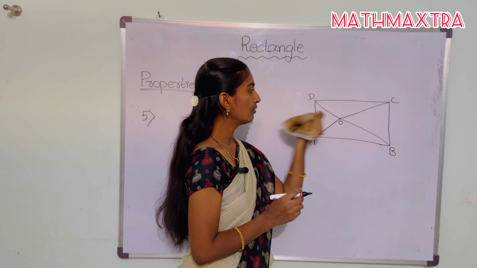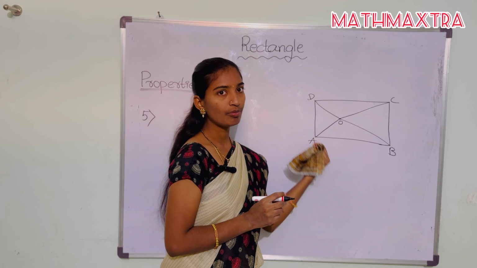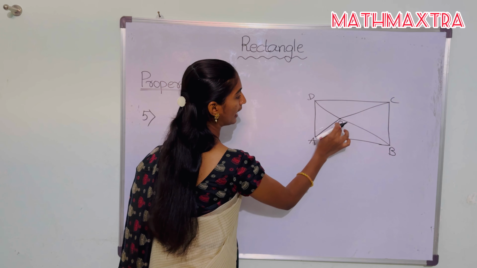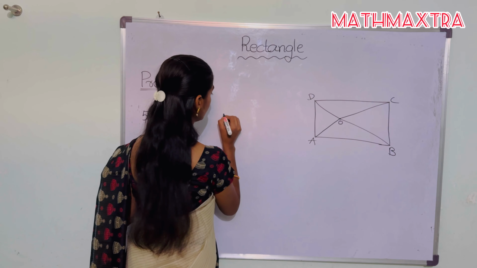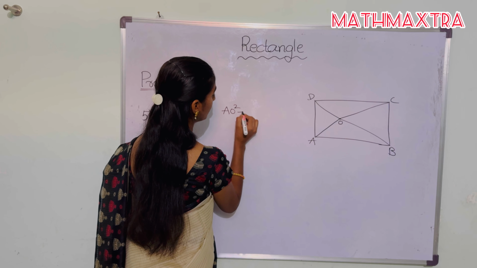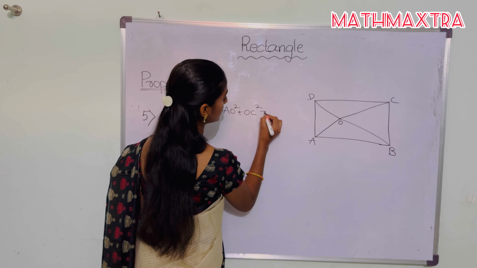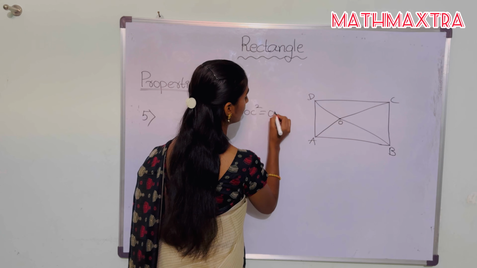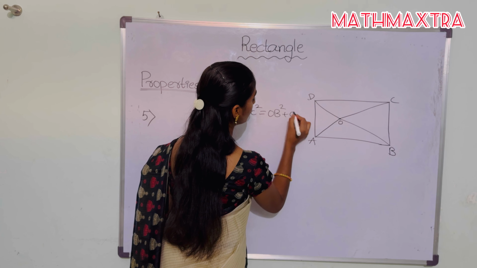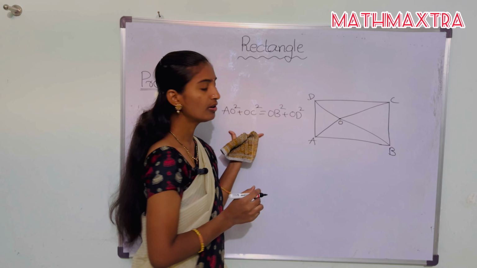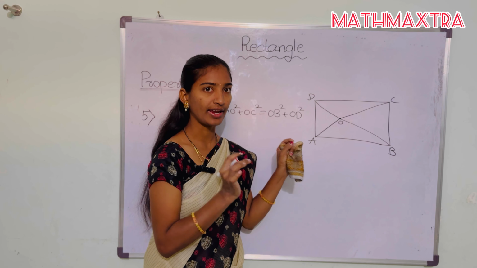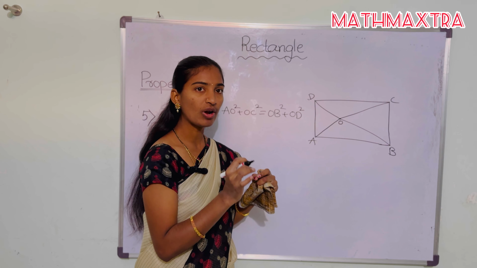If we consider any interior point of a rectangle, it holds the relation that AO square plus OC square is equal to OB square plus OD square. This relation holds always.